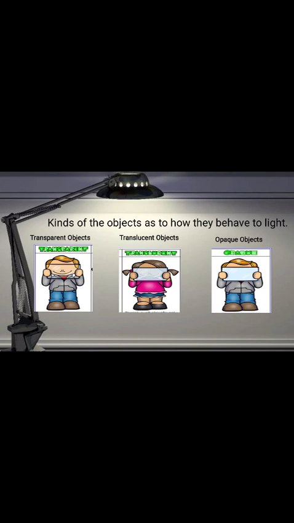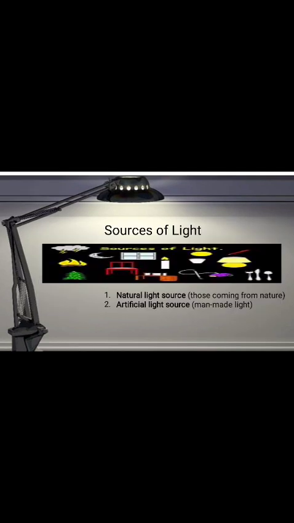In some cases, the objects on the other side may be recognizable, but sharp detail and outline are obscured, while opaque objects so greatly diffuse the light that recognizing the objects on the other side is very difficult, if not impossible. So let's proceed to the sources of light.